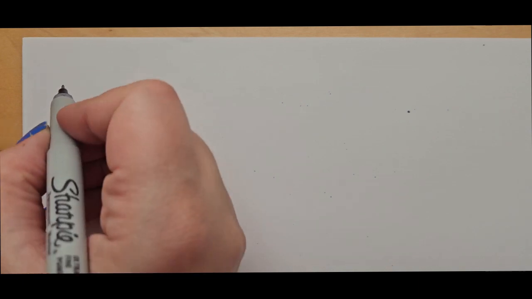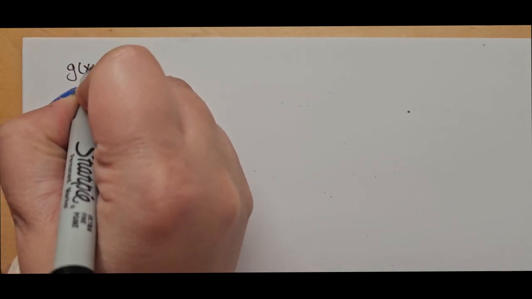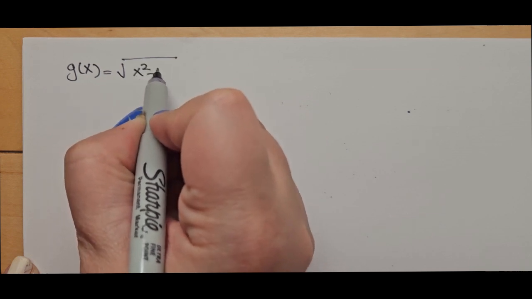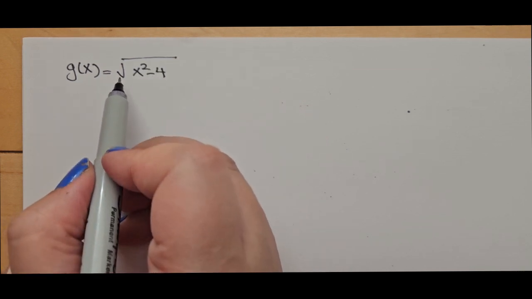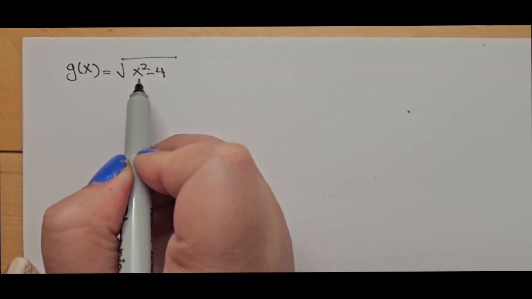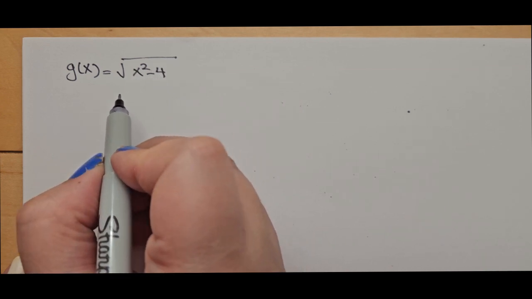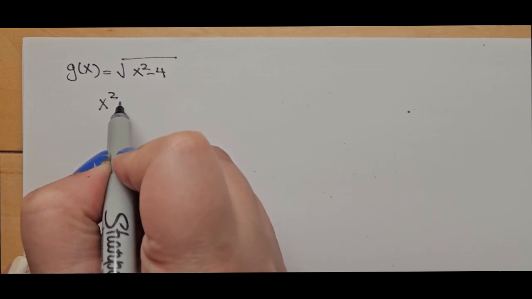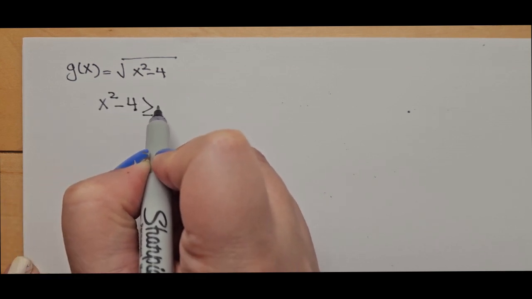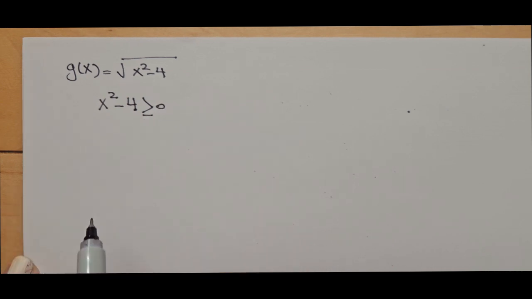Okay, now let's do another example. Here, g of x is equal to the square root of x squared minus 4. So you have a square root, and then underneath you have a quadratic function. So you have to see that x squared minus 4 must be greater than or equal to 0.